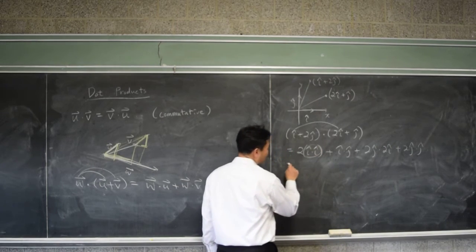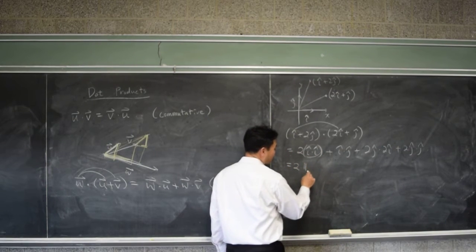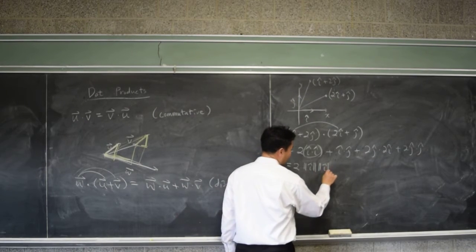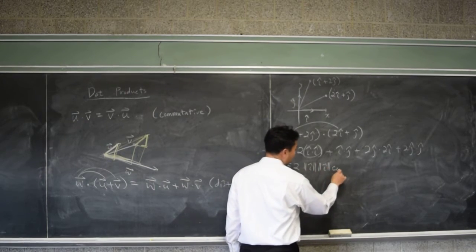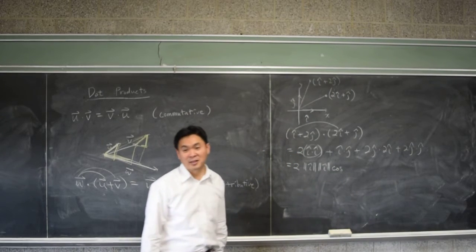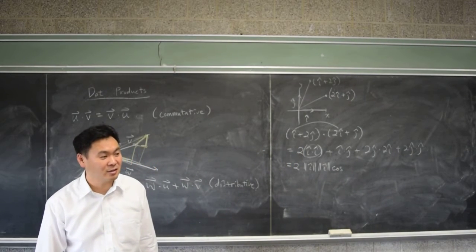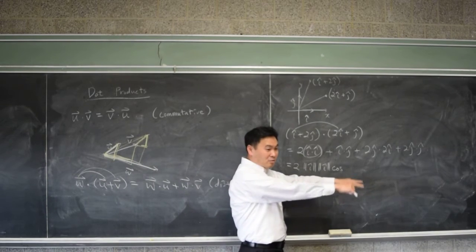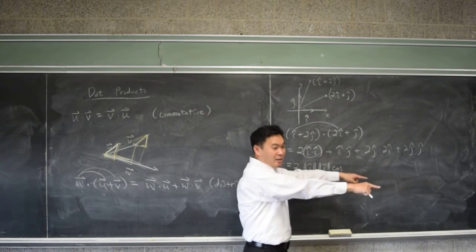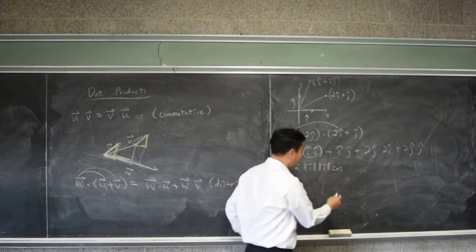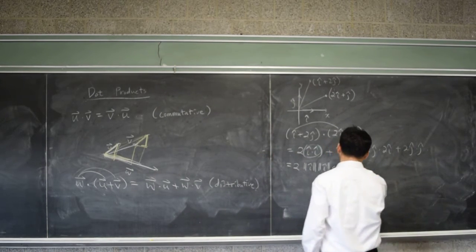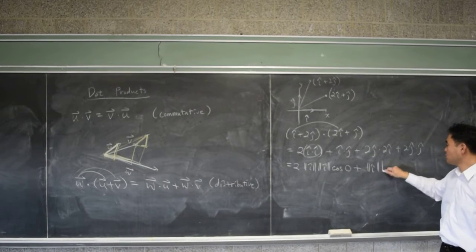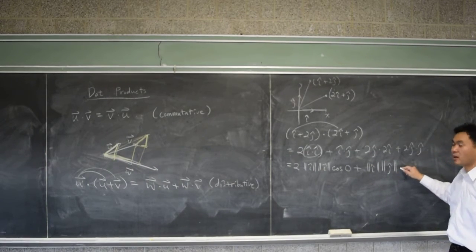How do you calculate this? What's the definition? Norm of the first, norm of the second, cosine of the angle. What's the angle between i and i? 0. It's the same vector, so their angle is 0. What about this? Norm of i, norm of j, angle.